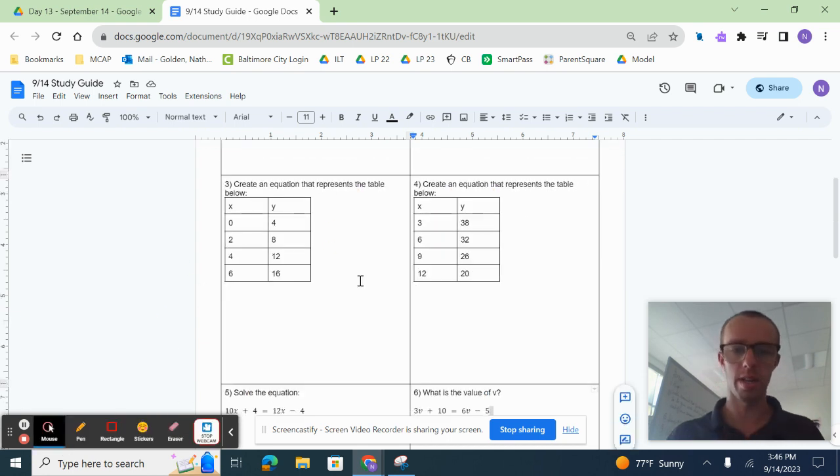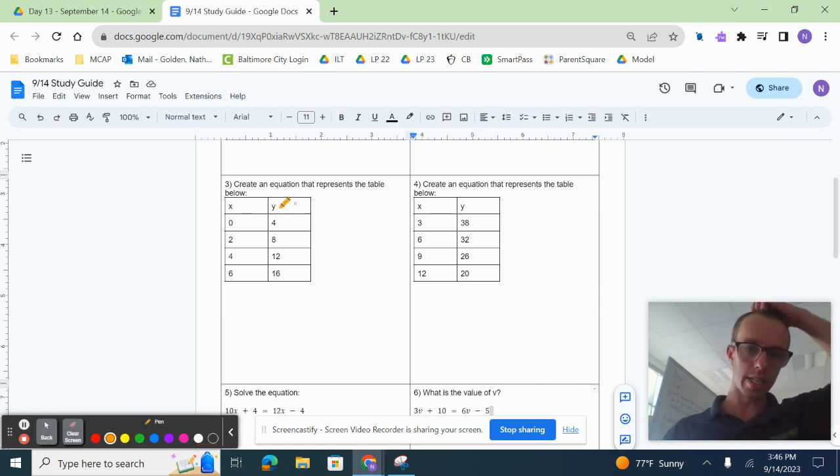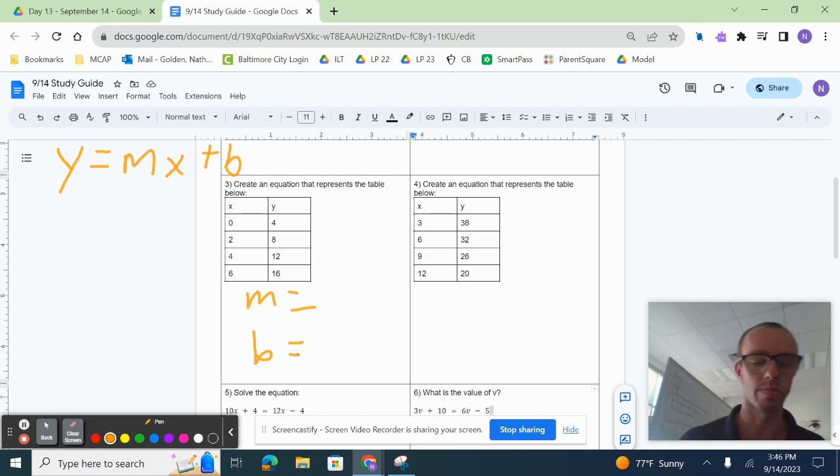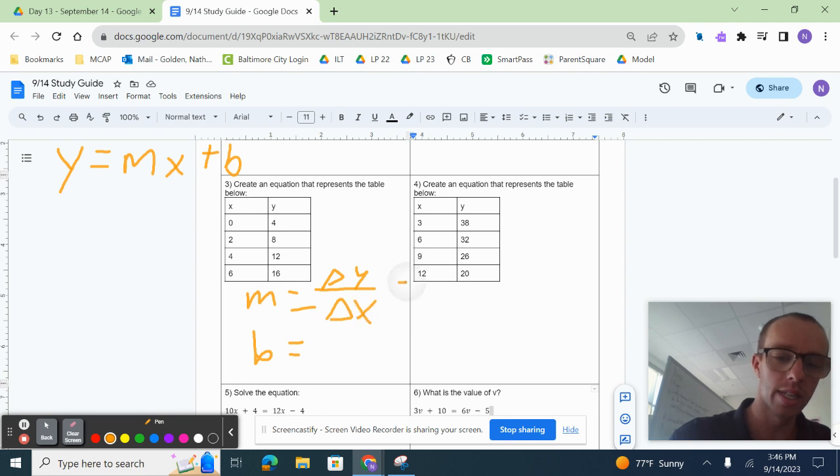All right, here we're going to create an equation to represent the table. Again, this is a linear equation because you can see it's changing by the same amount each time. So I'm going to use y equals mx plus b since it's linear. To write a linear equation, we need to know m and b. M is equal to the change in y over the change in x.